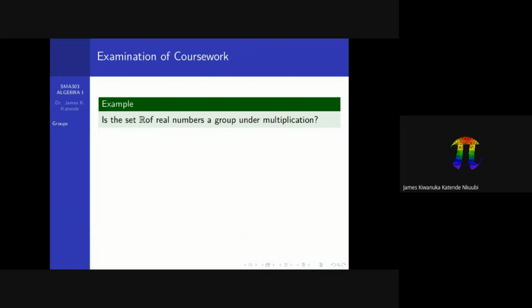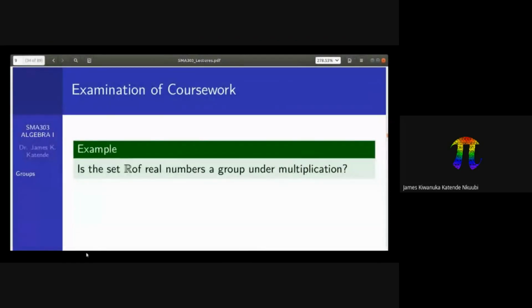So again, here is another question. Is a set of real numbers a group under multiplication? Anyone with an answer? Let me admit some more people as you think about the answer.